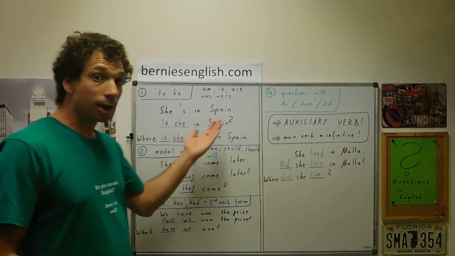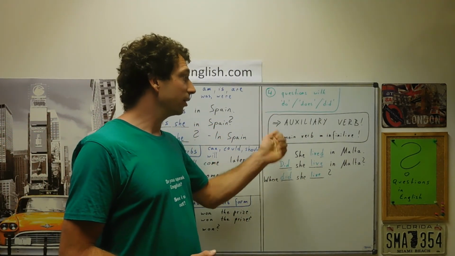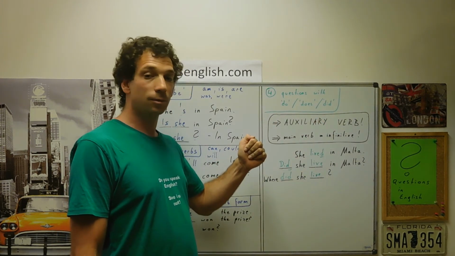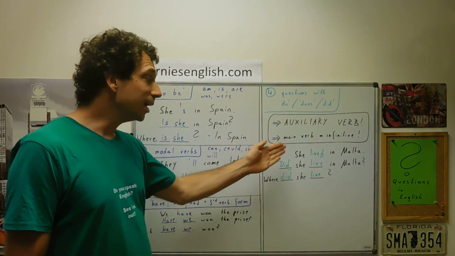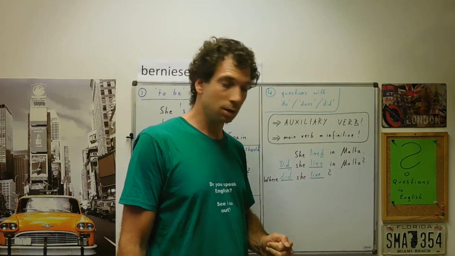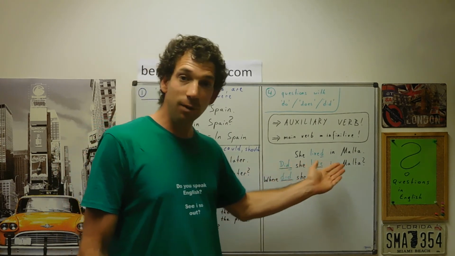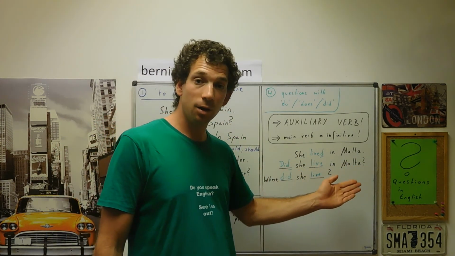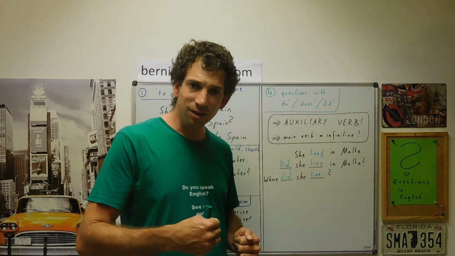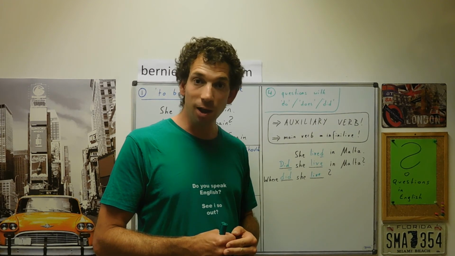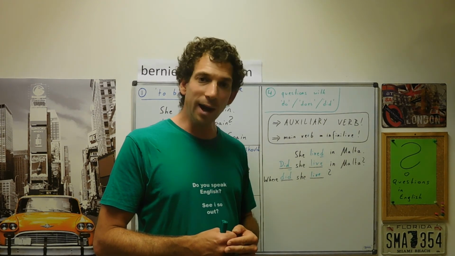And finally, questions with do, does, or did. She lived in Malta. Did she live in Malta? Where did she live? Or in the present tense, she lives in Malta. Does she live in Malta? Where does she live?